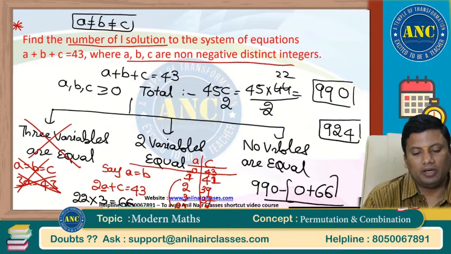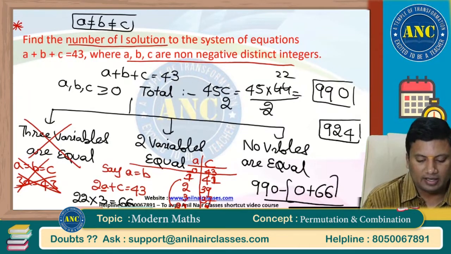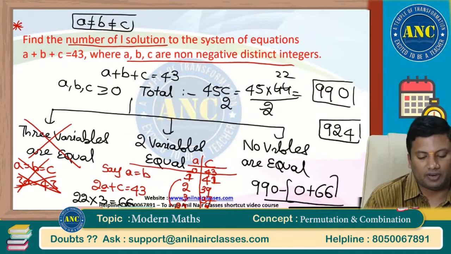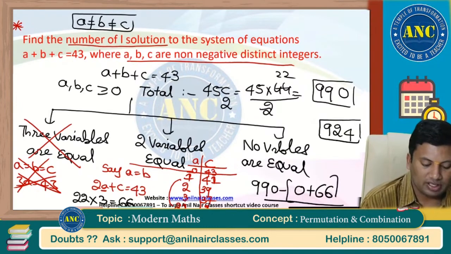A plus B plus C is 43. 43 means total 45C2 cases we will get. A is 0, C 43, A is 1, C 41.